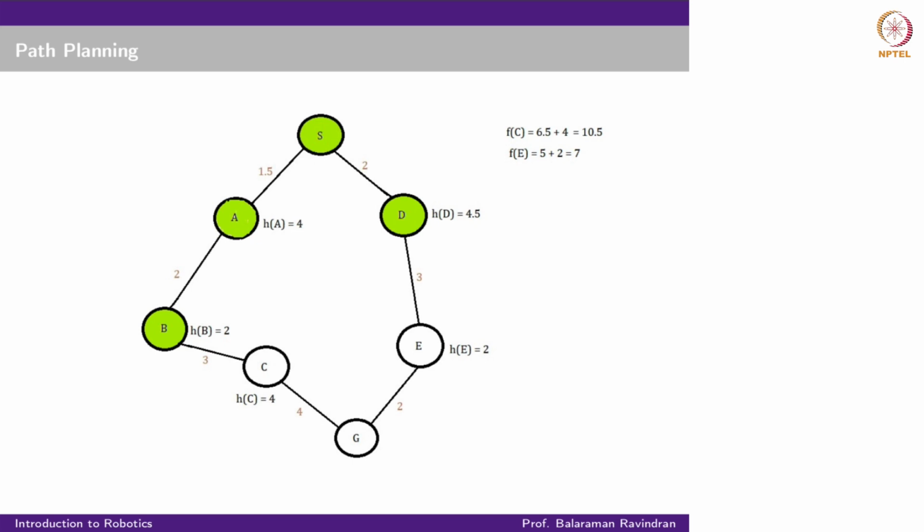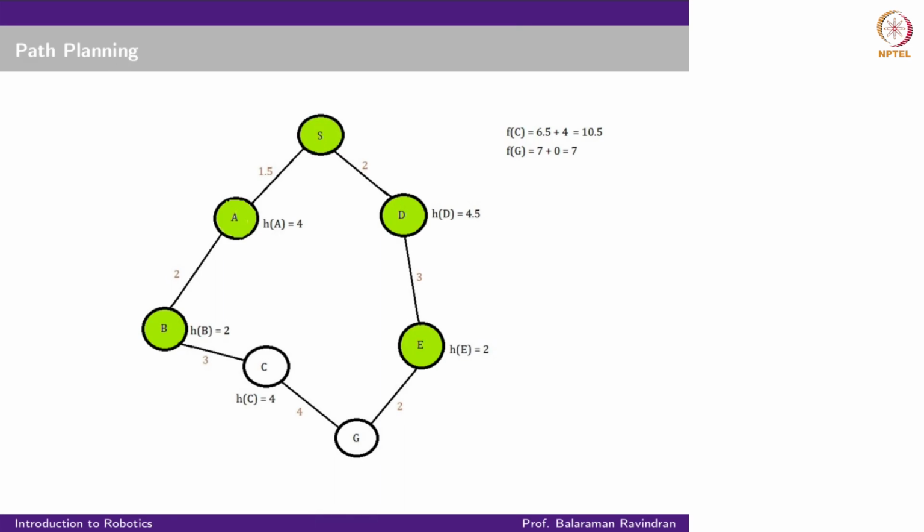What do I get? My new competitors are E and C. C we already know is 10.5. What about E? E is the G score of D plus the distance, which is 3, so 2 plus 3, which is 5. So the G score of E is 5, and the H score of E is 2, so the F score is 5 plus 2, which is 7. Therefore I'm going to expand E next: 7 versus 10.5.